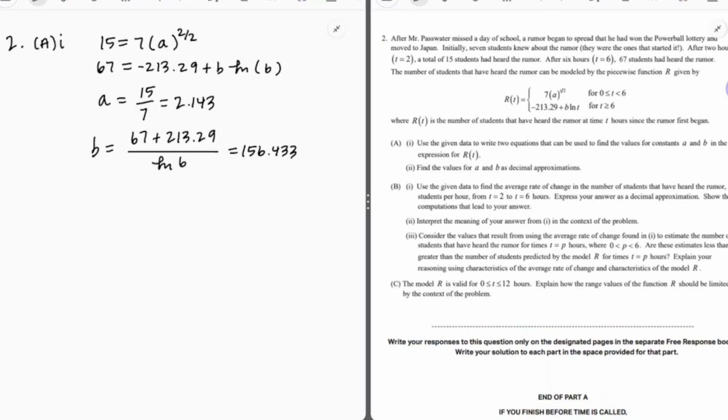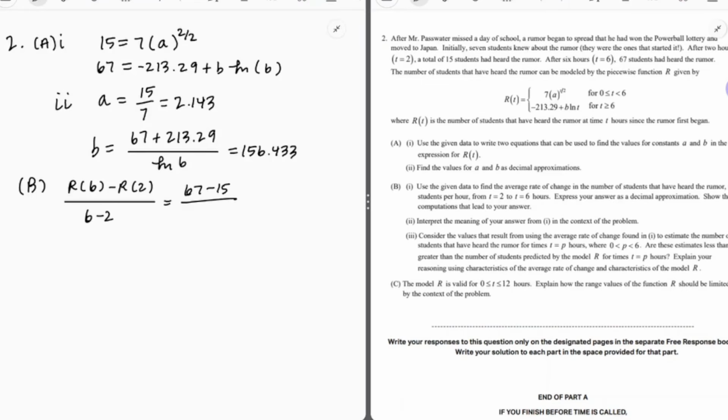Okay, then part B1 is using the given data to find the average rate of change, the number of students that have heard the rumor between 2 and 6 hours. So that's going to be r of 6 minus r of 2 divided by 6 minus 2, which is equal to 67 minus 15 over 6 minus 2.